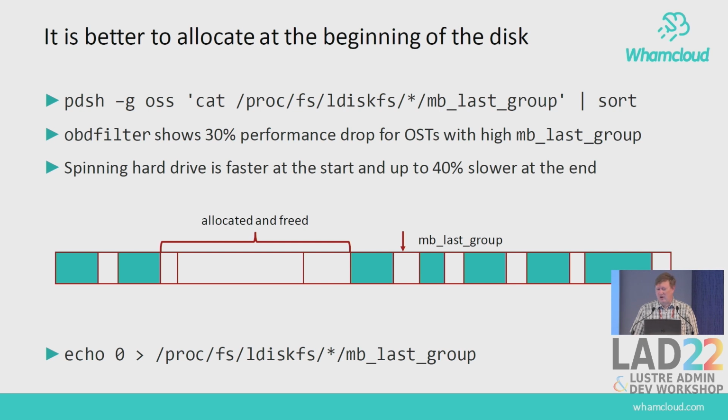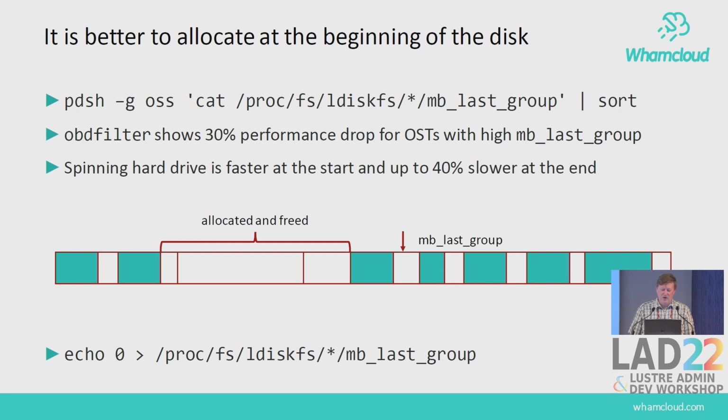So this round robins, just increases until it hits the end of the disk and starts at the beginning. And the reasoning behind that was that if you're allocating in a forward direction, it's fairly efficient, and that gives the maximum time for the files behind the MB last group to free up space in the file system.